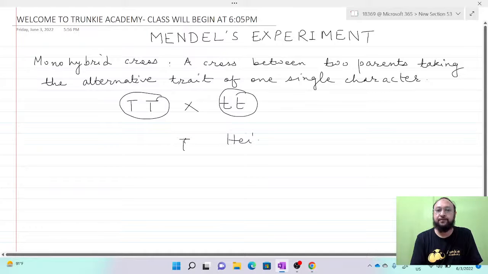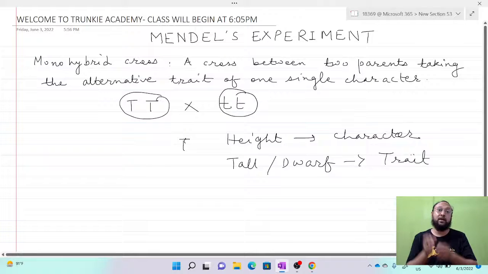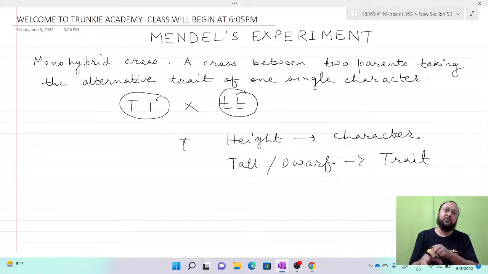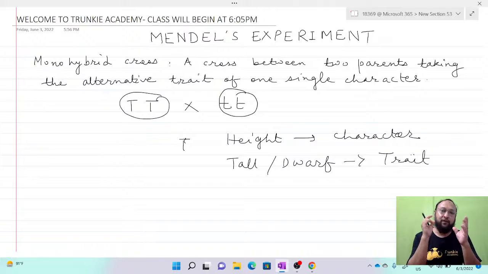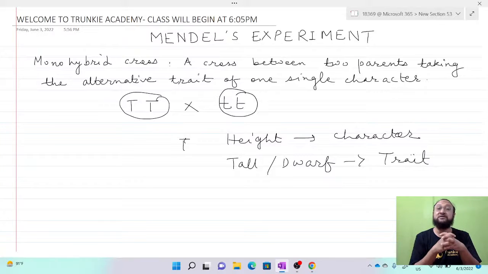Height is the character, and tall and dwarf are the traits. We are concerned with only one character, and for the cross we take alternative forms of that character, tall and dwarf. So that will be the monohybrid cross.